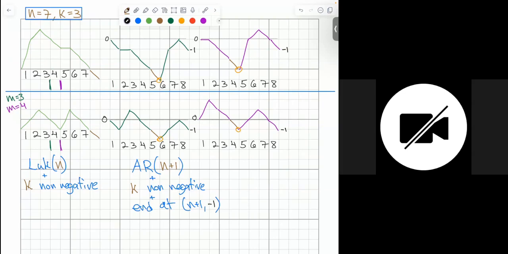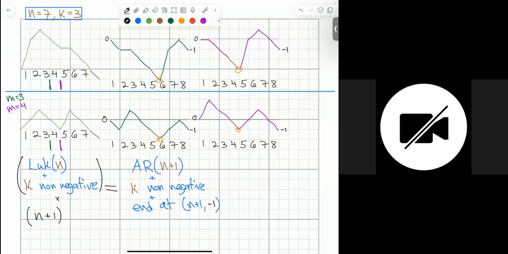So a bijection between which two sets? The set of Lukasiewicz paths with k non-negative steps times the numbers between 1 and n plus 1, the choice of m, so times, let's say, n plus 1.